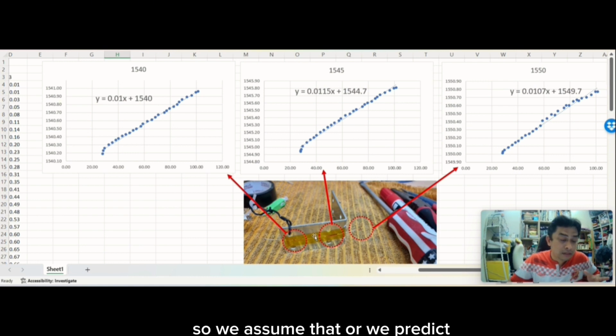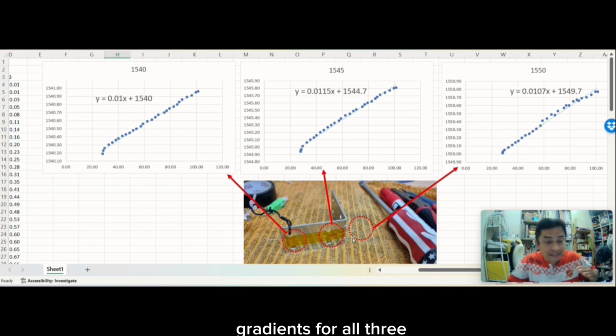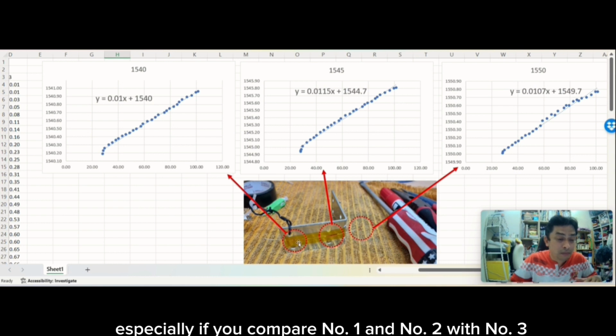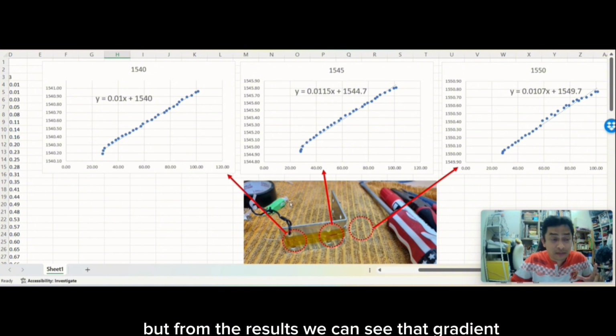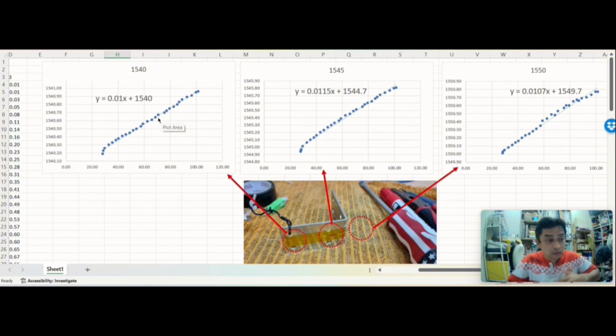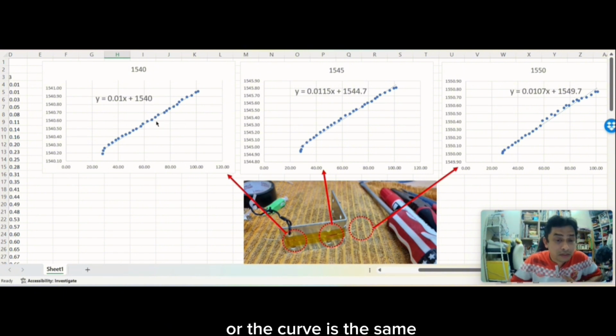By hypothesis, we predicted a different gradient for all 3, especially comparing number 1 and number 2 with number 3. But with the results, we can see that the gradient or the curve is the same.